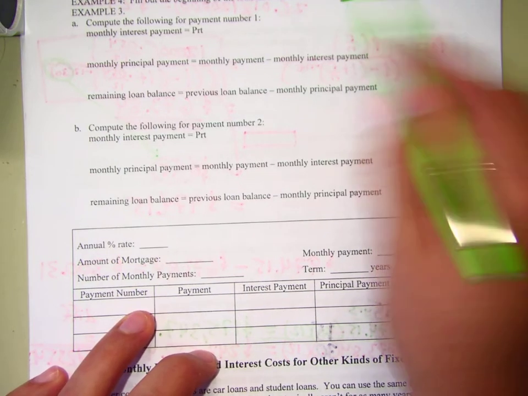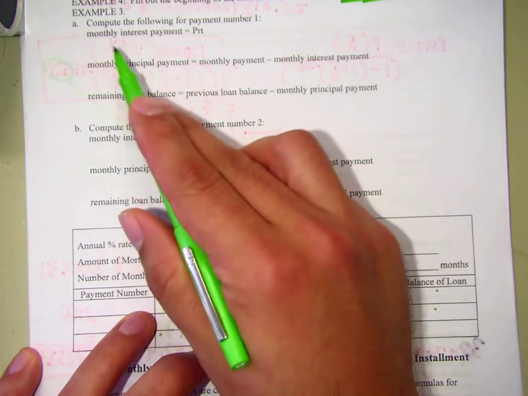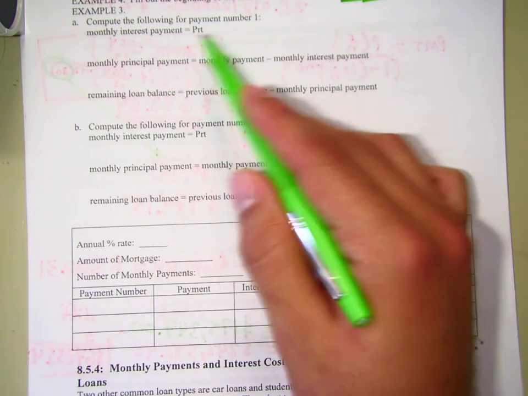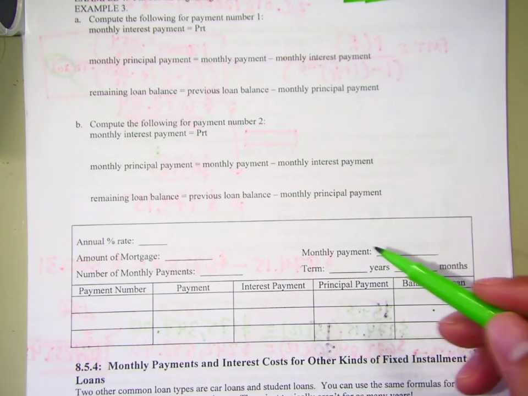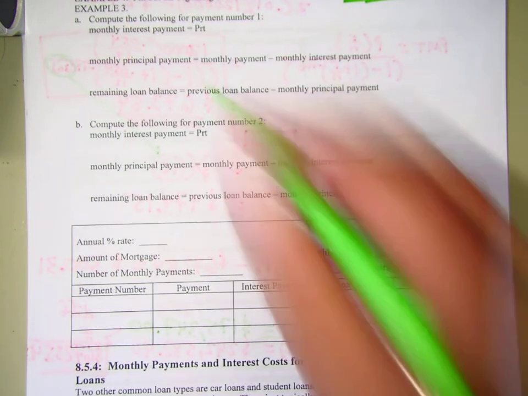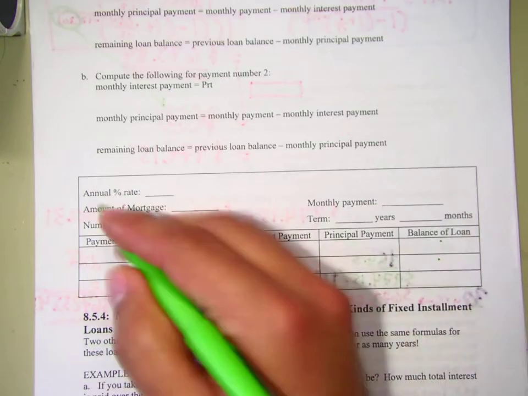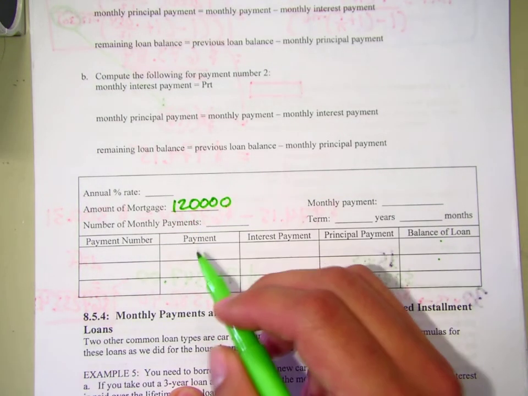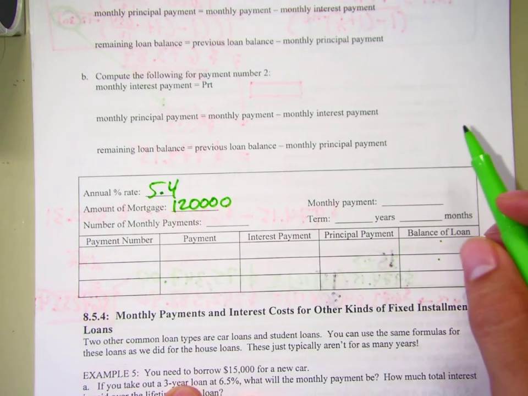So we're working with the 15-year loan. Okay, and here's how we're going to work this out. It's just going to be using I equals PRT to figure out how much is interest, and then we recalculate everything. So that's the basic idea. Okay, so first payment. Let's actually fill this out down here. The starting balance is $120,000. 5.4% was the annual percentage rate.